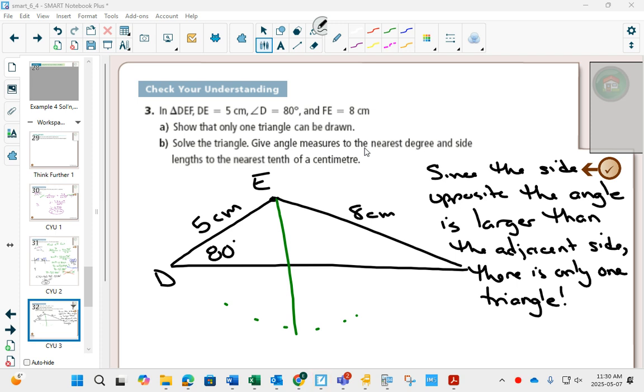So show that only one triangle can be drawn. That 8 centimeters would swing around and totally be longer on this side. So there's only the one that's possible. Mathematically, so I'm going to erase this. You're going to see why mathematically there's only one as well when we go to solve.